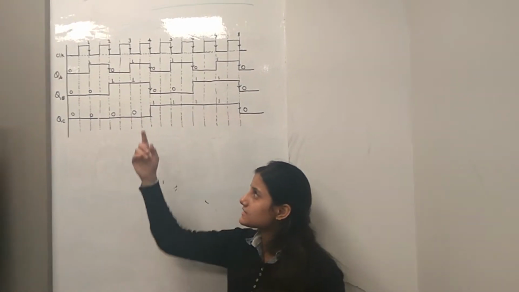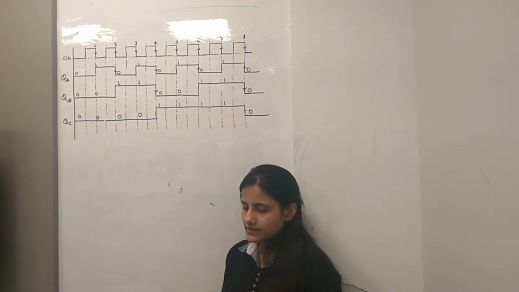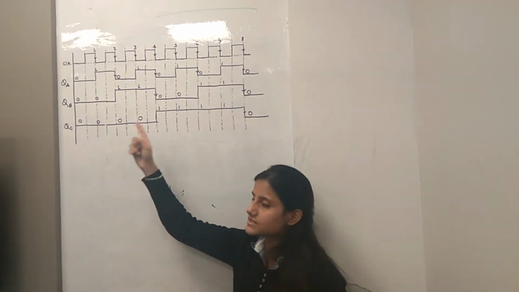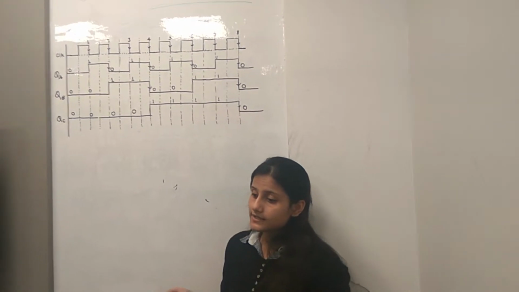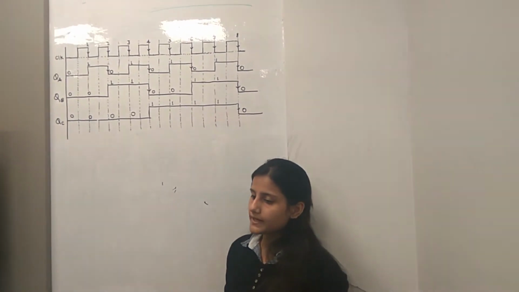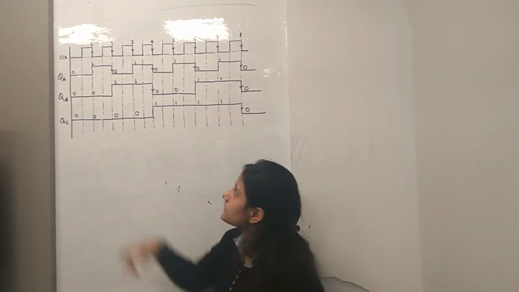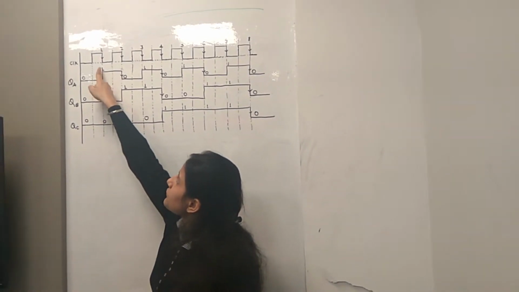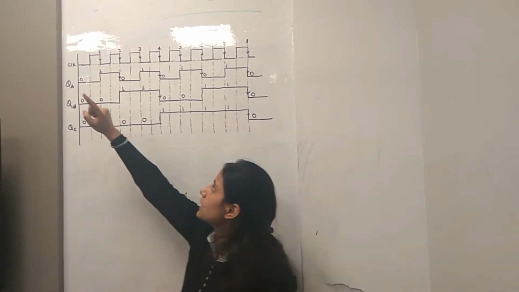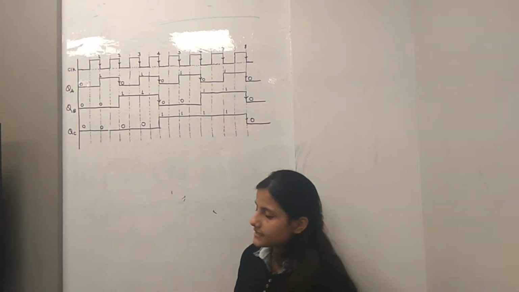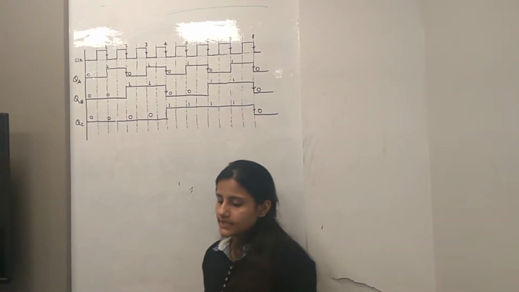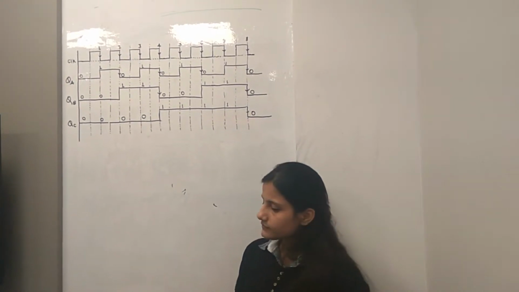The next state is equal to QA complement. So here this state will be 1 because initially it was 0, and it will remain 1 till the next falling edge.